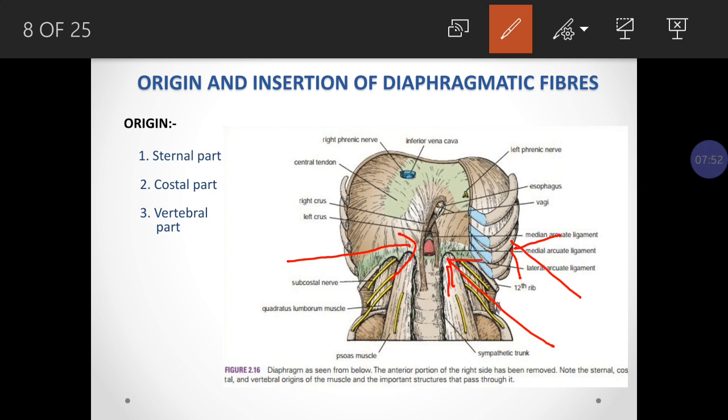These fibers, both the right and left crus fibers, ascend. The interesting fact is that some of the fibers from the right crus ascend and then loop around in a sling-like fashion. They loop around the esophageal orifice, which is right there.